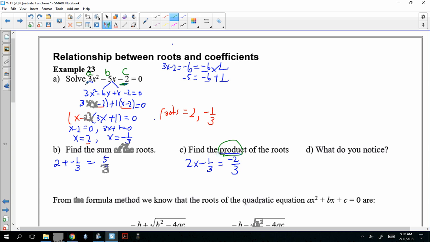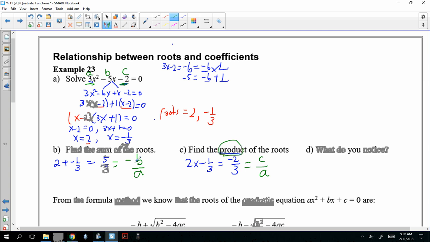Negative 2 over 3, so you get C over A. That's your product. And you will see that the sum of the roots is the negative B over A. See the negative B, the 5, become positive 5 over 3.